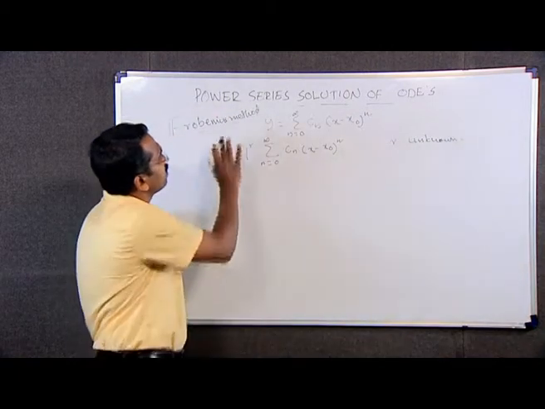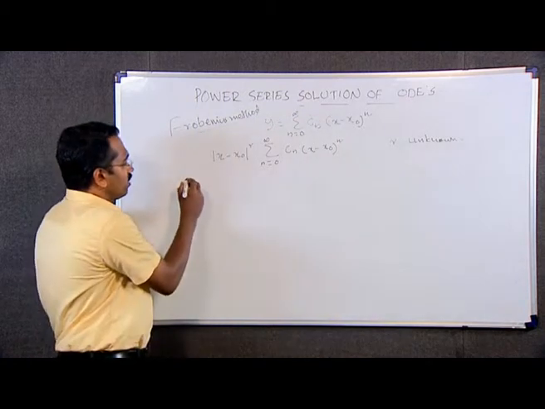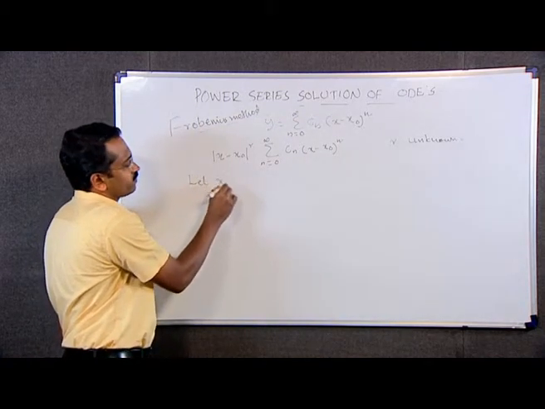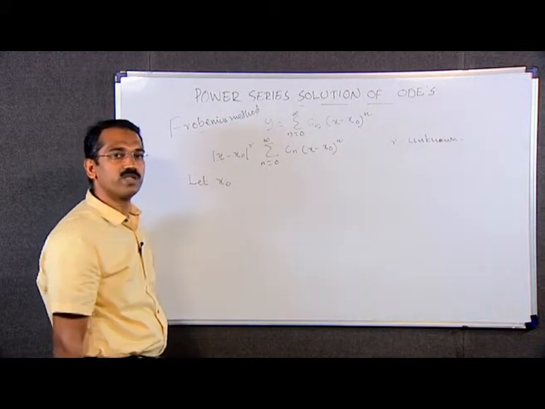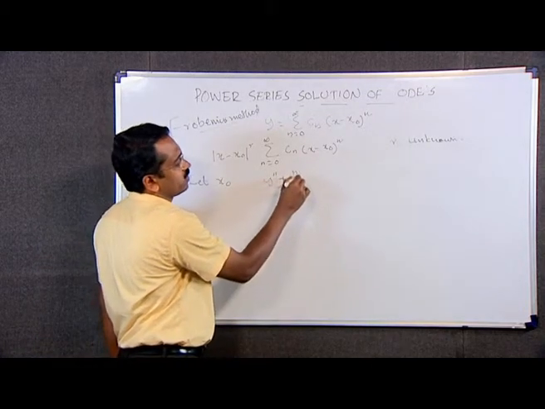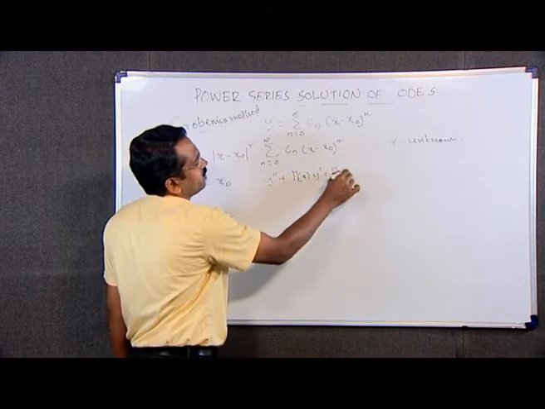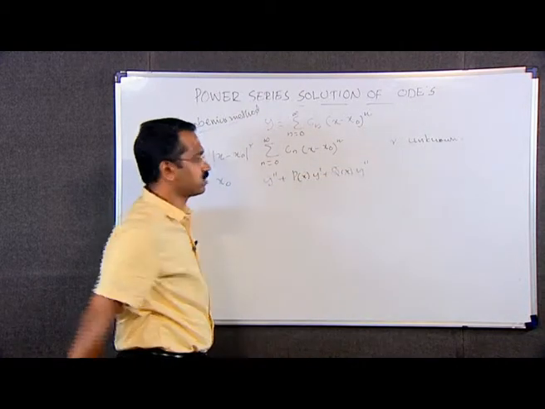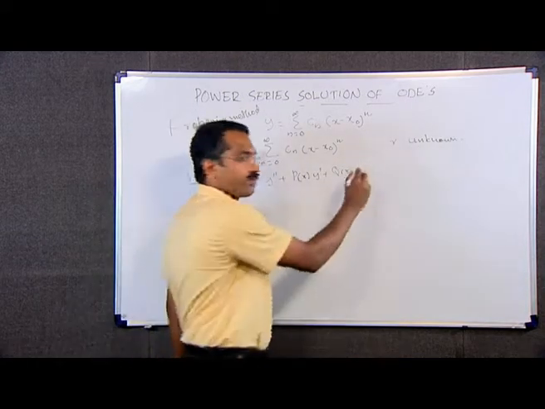The Frobenius method is based on the theorem: let x naught be a regular singular point of the differential equation y double dash plus p of x into y dash plus q of x into y is equal to 0.